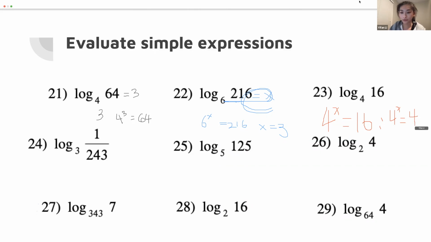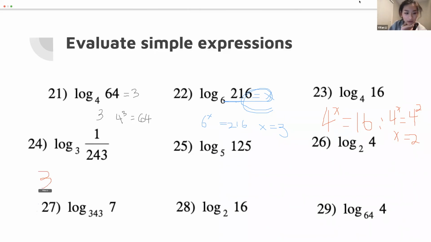And in this case, it's 4 squared, 4 squared equals 16. And you'll get x equal to 2, which is the power equal to 2. Yeah. And for number 24, it's the same thing.